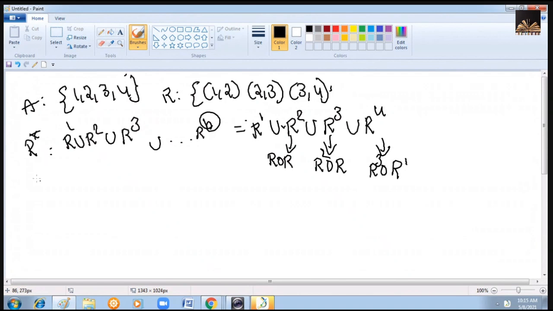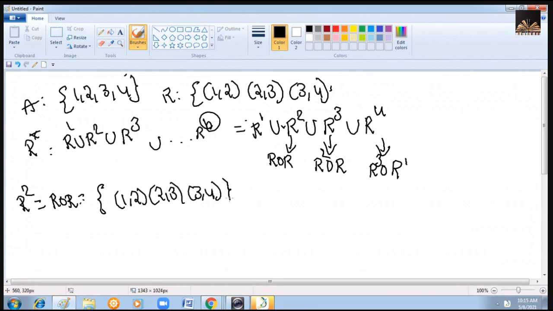So first you need to calculate R power 2. R power 2 is equal to R of R, that is (1, 2), (2, 3), (3, 4) of the same relation. Now what tuples can you have here?